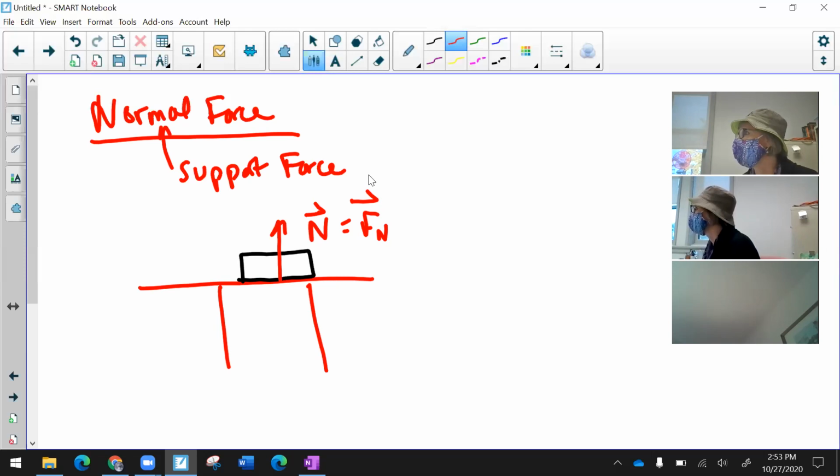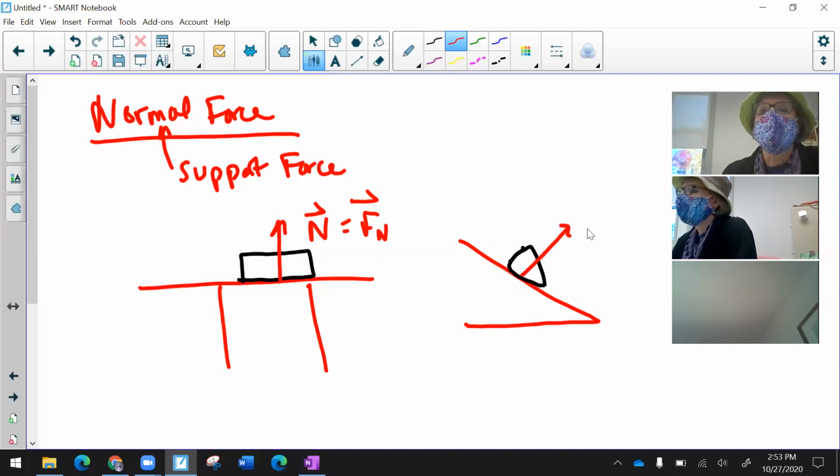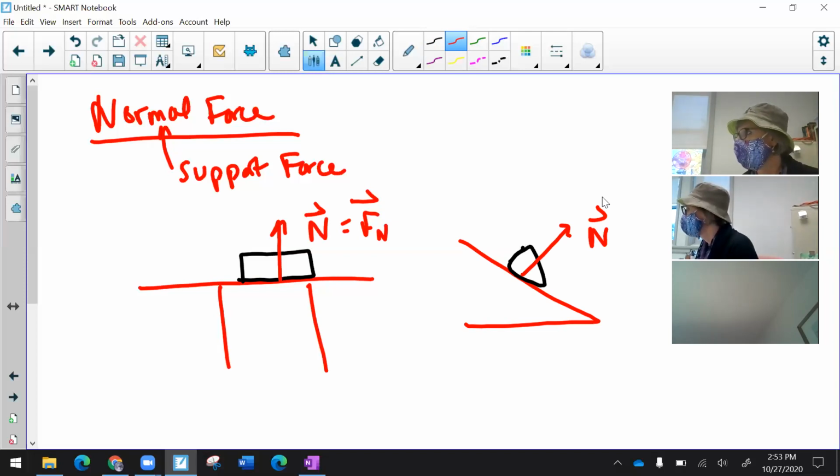It's an old-fashioned word for what? Perpendicular. So it's always going to be perpendicular to the interface. So if I have an object on an incline, then that normal force is perpendicular to the incline. And I think we had at least one problem example like that in the free body diagram videos.